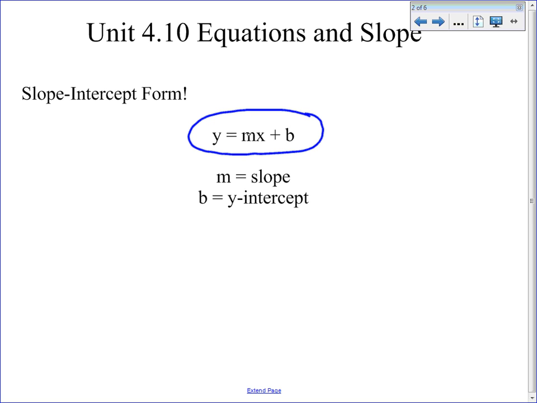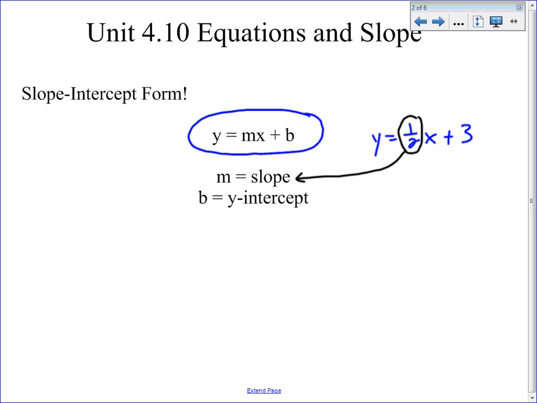But what we know is that this number in front of x will always be m, which we know is slope. And so when an equation is written in this form, like this one, we know that this number right here in front of x will automatically be our slope.